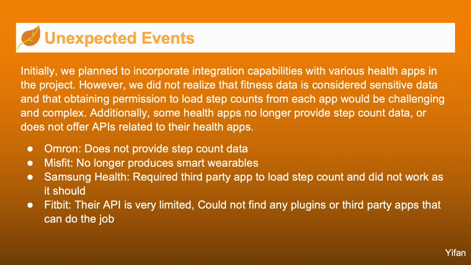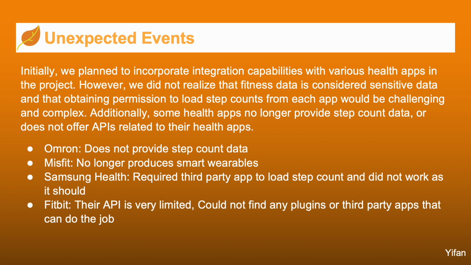Even though we met these kinds of unexpected events, we still handled them in a professional way to make sure the normal development process did not get delayed. We reevaluated the priority of these health app integrations. Considering the statistics data from the previous years, we decided to put the health apps which did not have many users in a low priority.